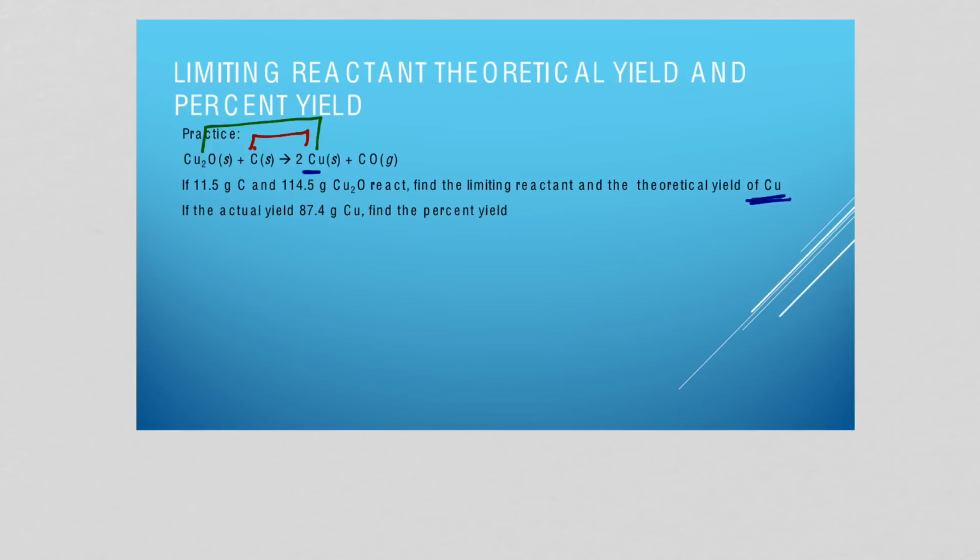So we're going to start with 11.5 grams of carbon, which the first step here is to convert into moles of carbon. So if we look on the periodic table, 1 mole of carbon is 12.01 grams of carbon.